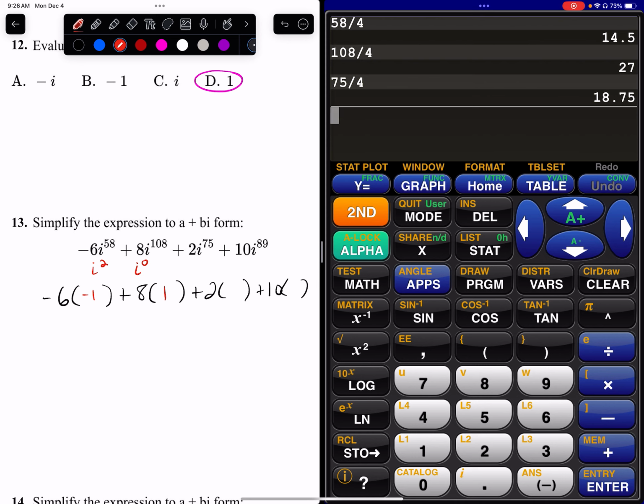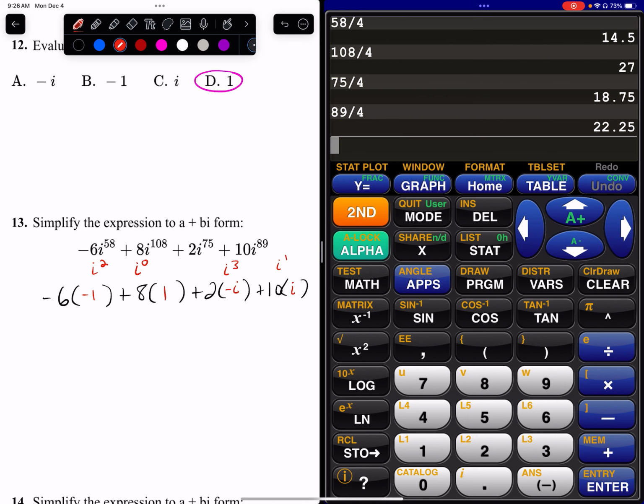So there's 3 quarters here. So this is going to be i to the 3rd power, which is -i, according to your chart. And the last one is 89 divided by 4, and I'm going to get 22.25. So this is the same as i to the 1st power because there's 1 quarter. So we're just going to have an i.